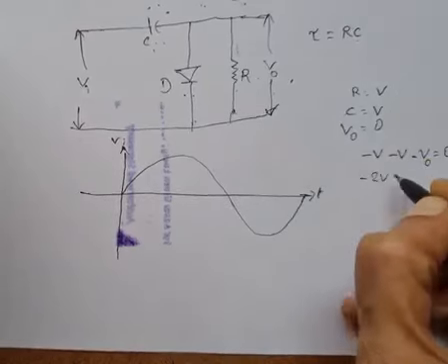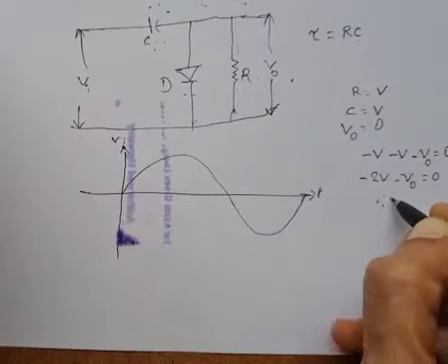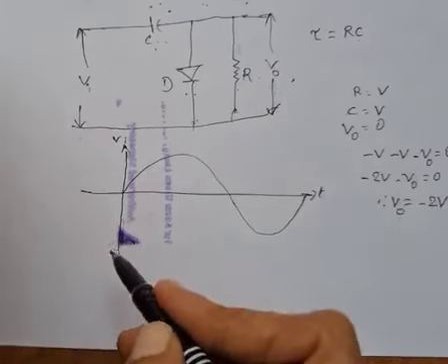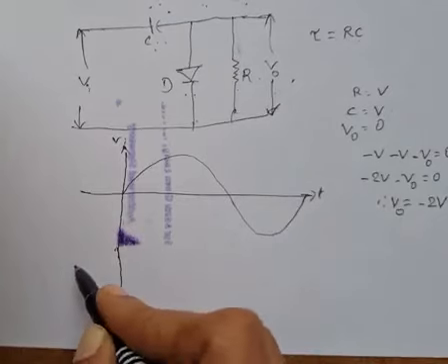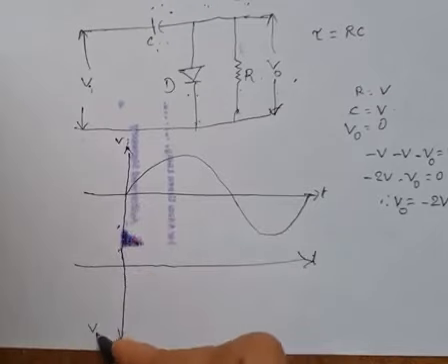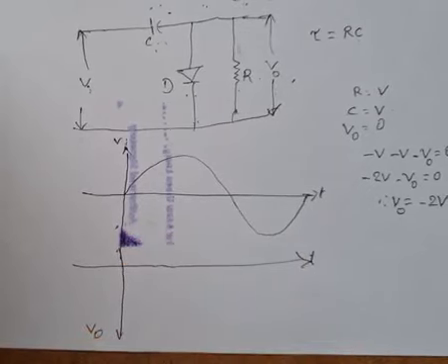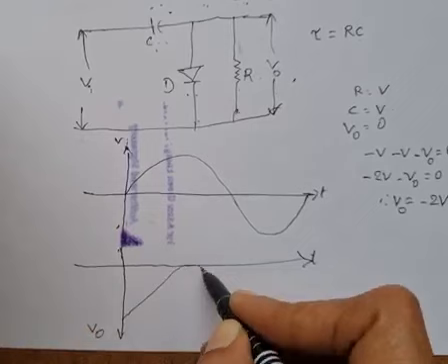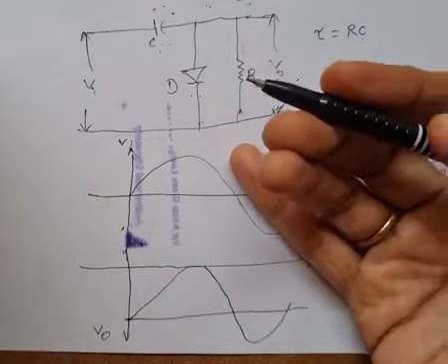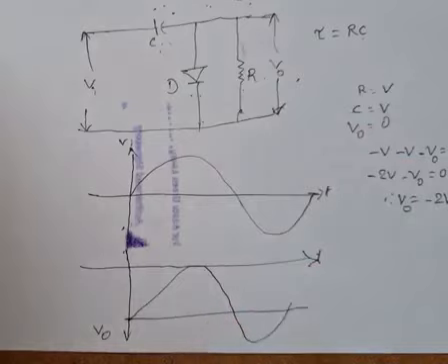So minus 2V minus V naught is equal to 0. Therefore V naught is equal to minus 2V. That means the output signal will jump to clamp towards the downside, like this. The total input signal jumps towards the output signal. This is the main clamper circuit.